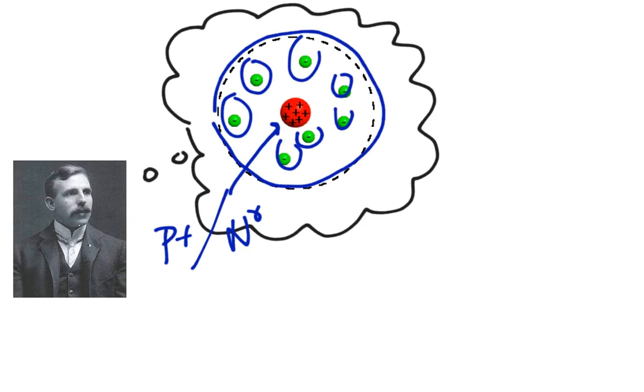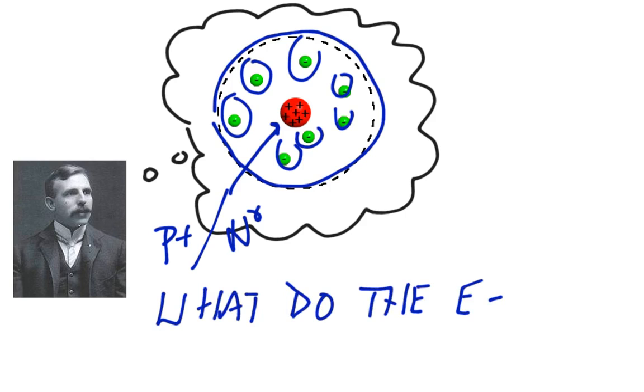The question that Rutherford failed to explain with his model was, what do the electrons do? Rutherford's model simply did not explain why the electrons were there and what role they had in the maintenance and the function of the atom.